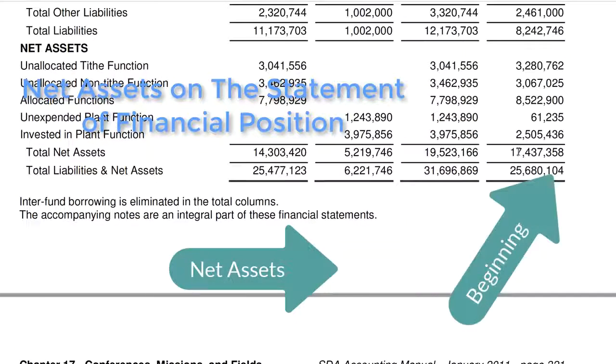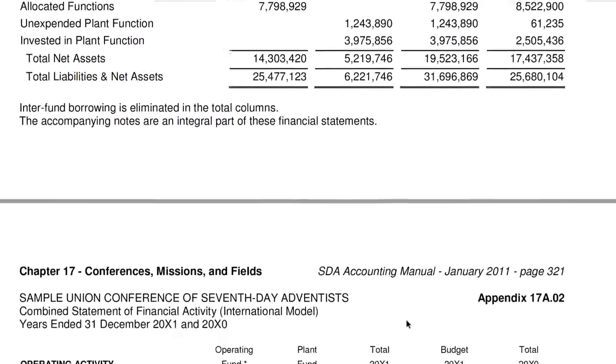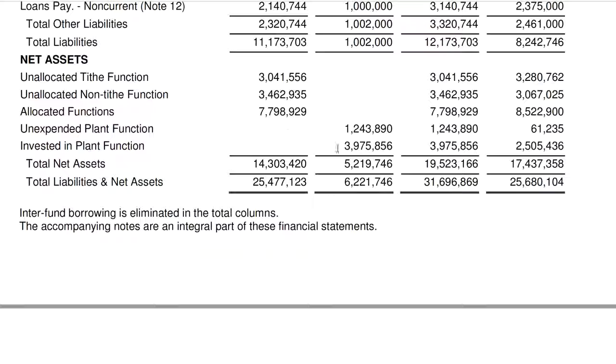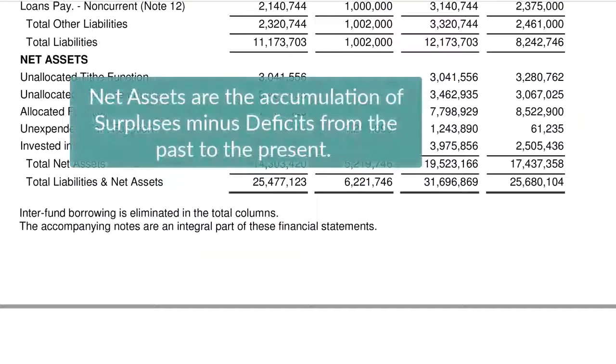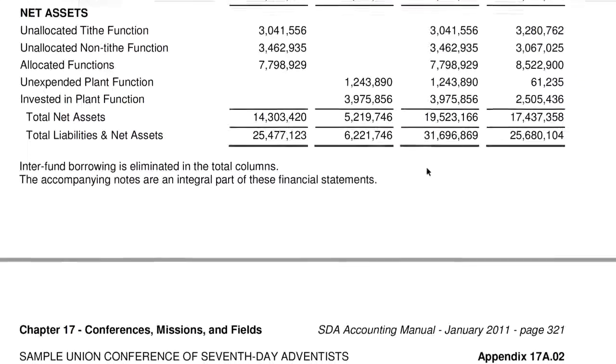Started with the 17 million, had a surplus of 2 million, and ended up with 19 million. So the way you build your net assets is by having a surplus. One way to look at your net assets is as the accumulation of the entire life of the organization's surpluses and losses, and this is where the smoke is cleared. We end up with 19 million.